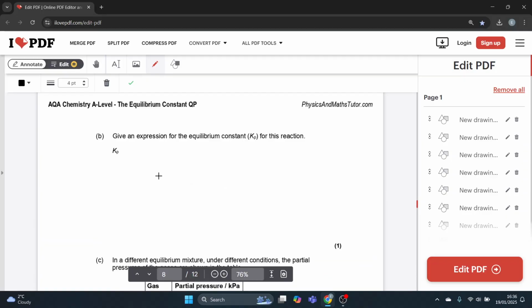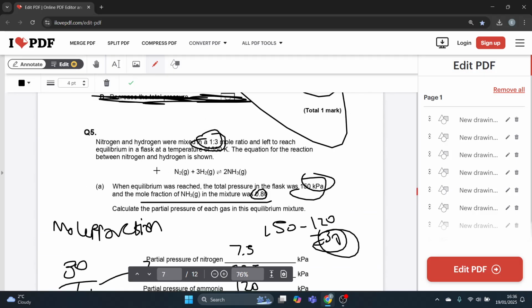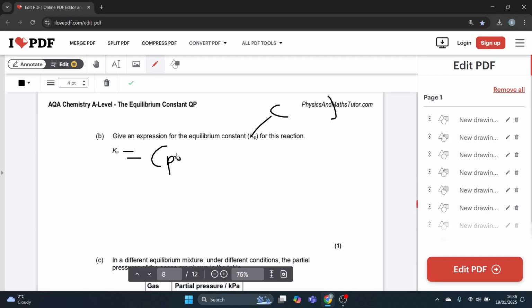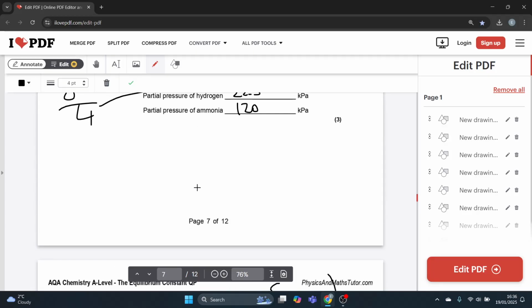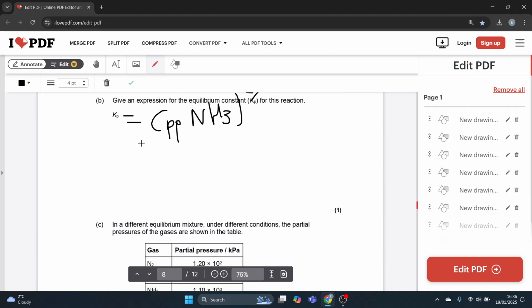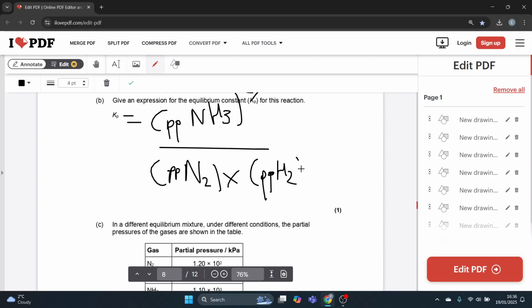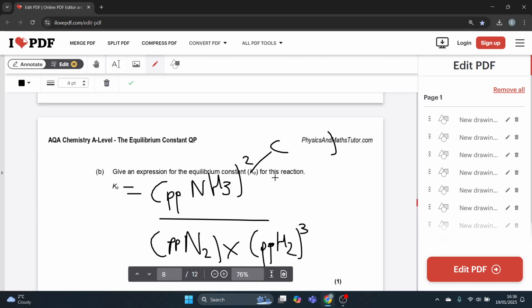Part B says give an expression for the equilibrium constant Kp for this reaction. Kp, remember, uses curly brackets, so it's going to be products: partial pressure of NH3 squared, divided by the partial pressure of nitrogen times the partial pressure of hydrogen cubed.